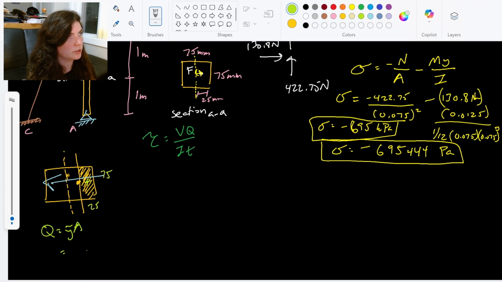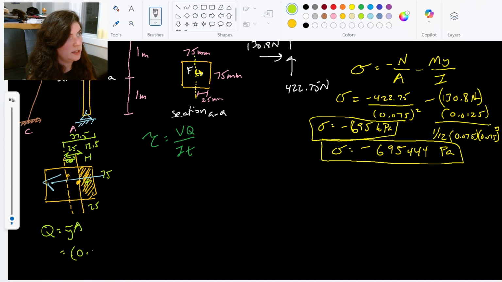Well, that makes the area portion easy. But this center is going to be halfway through the 25, so 12.5, but I'm measuring this distance from the centroid. So I know this overall distance we just found was 37.5. So if I want to get this distance between the two, I can just subtract them. And that gives me 37.5 minus 12.5 is, oh, what a coincidence, 25.